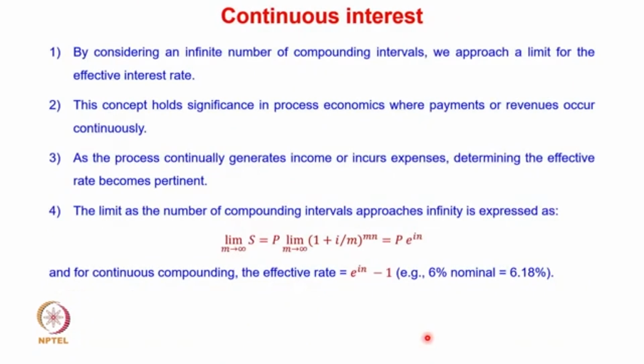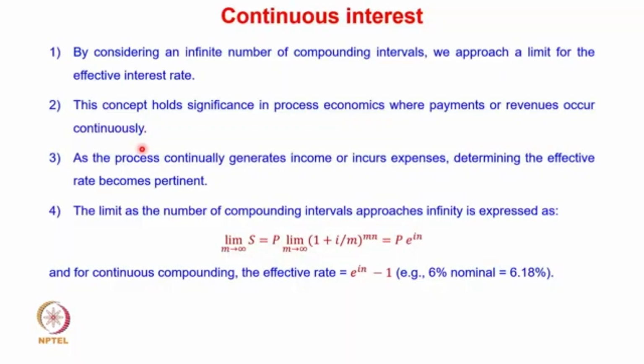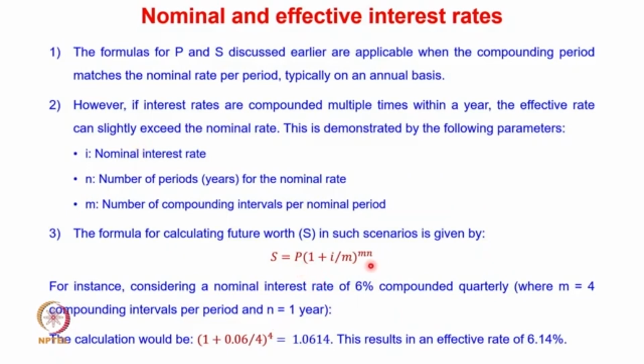And let's say there is continuous compounding taking place. If we take an infinite number of compounding intervals, we approach a limit for the effective interest rate. So if this compounding is taking place continuously, the same formula which we looked at earlier we can modify.